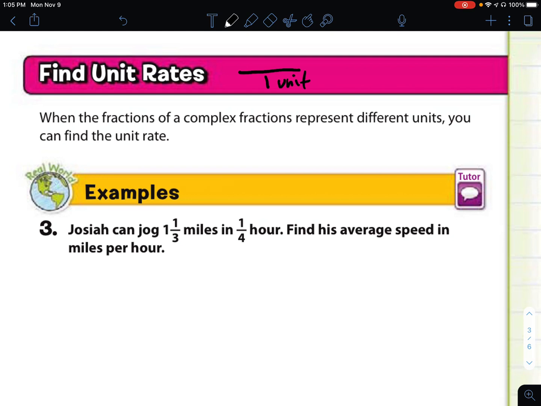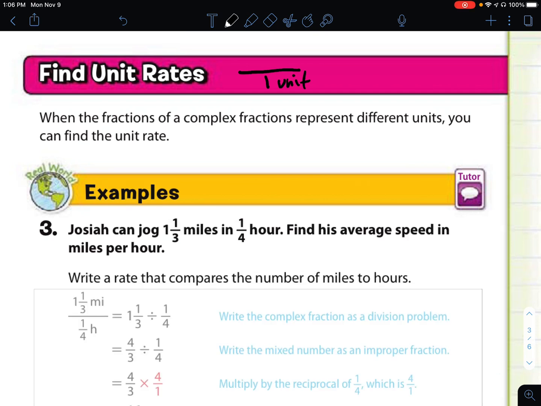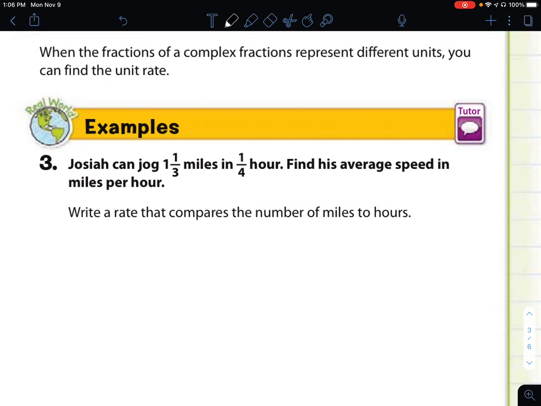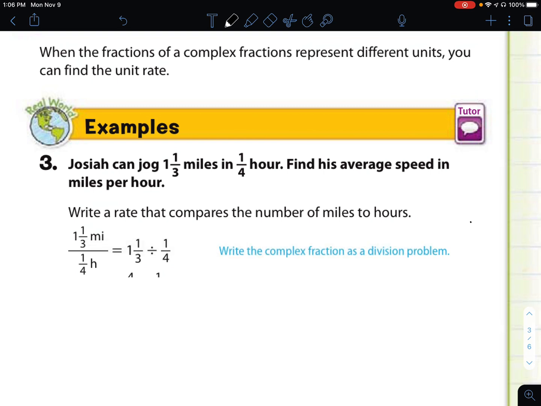Remember, we had this problem also in the last lesson, and we know that, to be able to find the average speed, we need to divide the distance by the time. So if we're going to be doing that, we first write a rate that compares the number of miles to hours. From what we learned, that would be 1 1/3 miles over 1/4 hour.